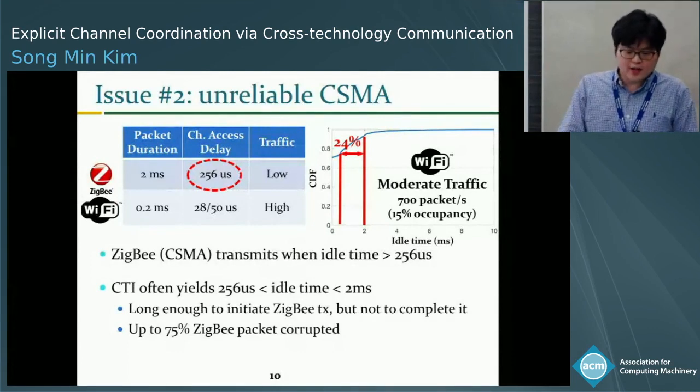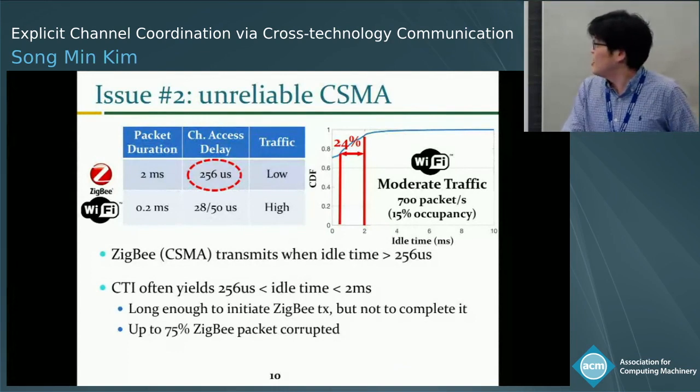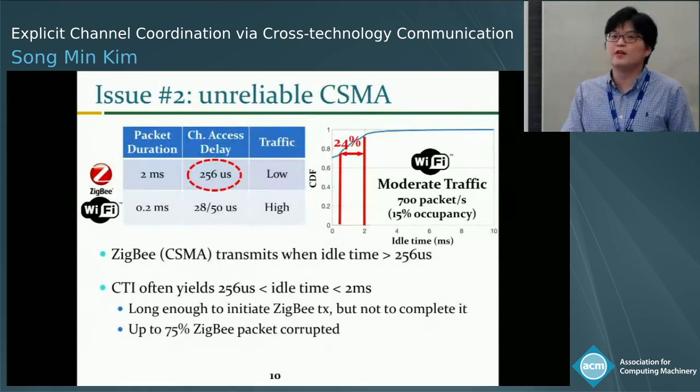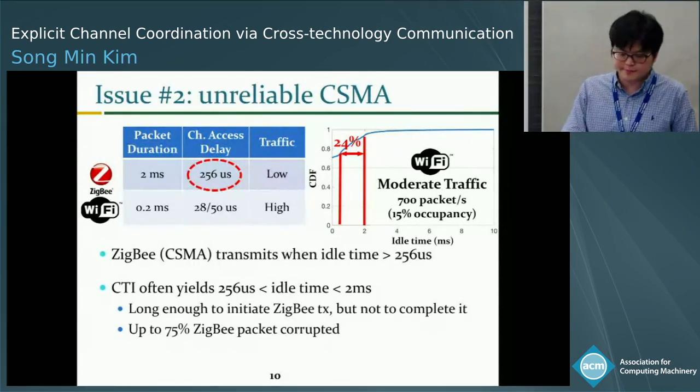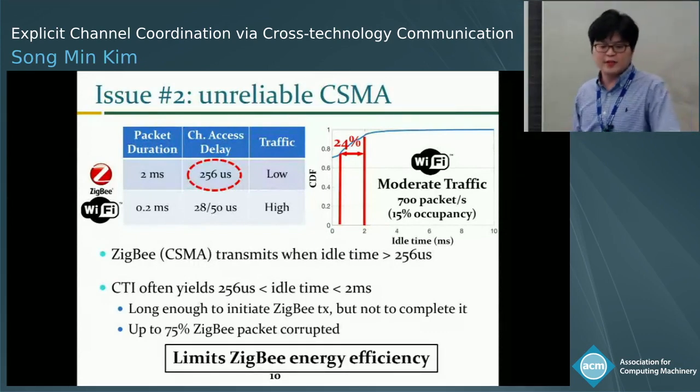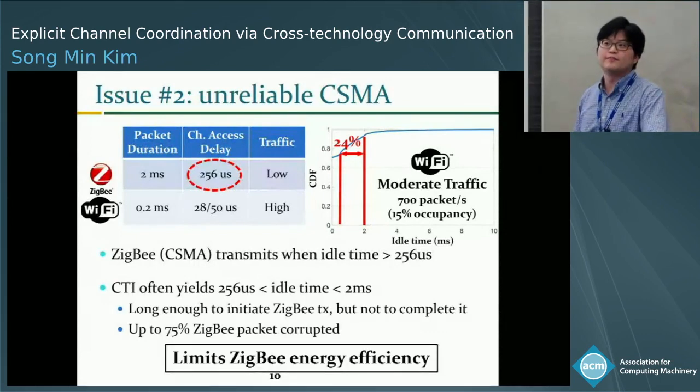Under this kind of idle time, ZigBee packets are corrupted, where in this particular case, up to 75% of the transmitted ZigBee packets are corrupted. This fundamentally limits ZigBee energy efficiency.